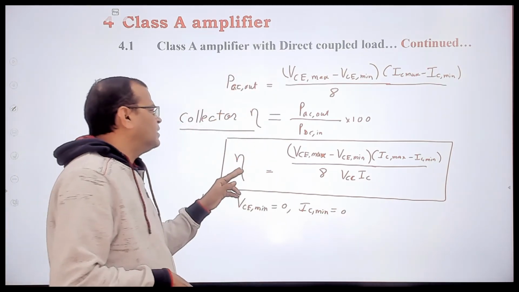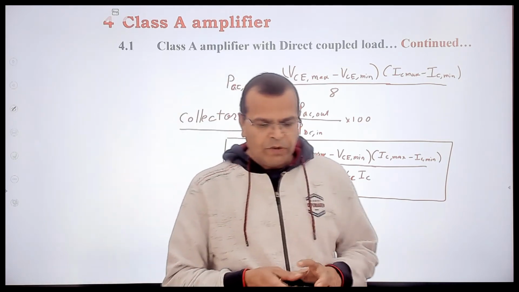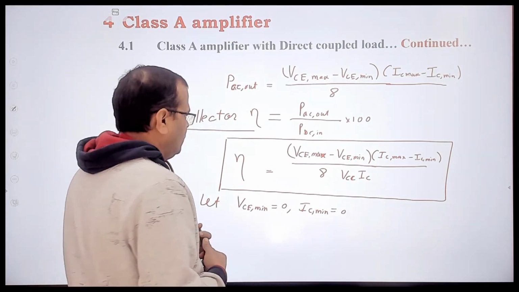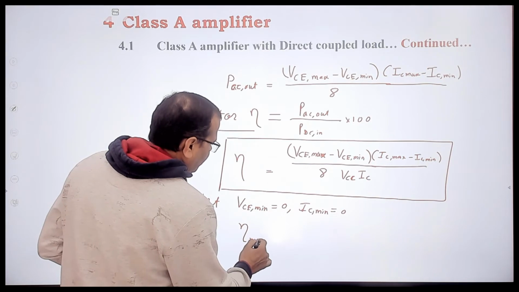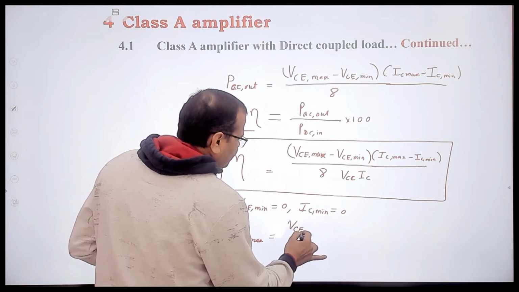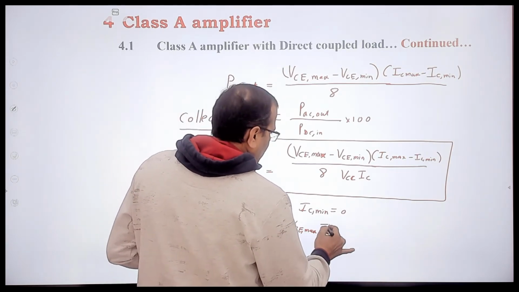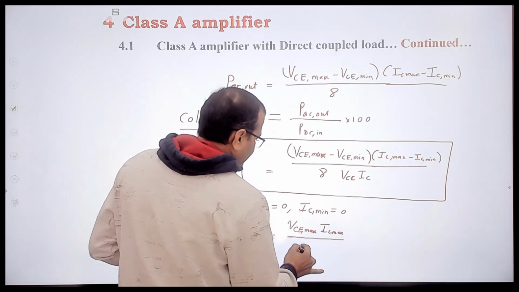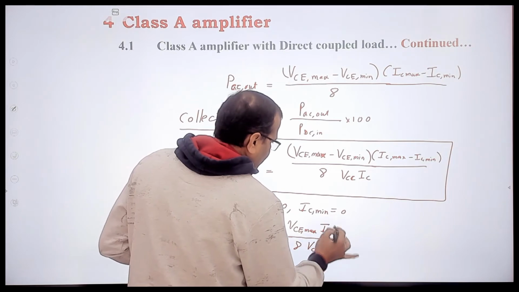In that case, your collector efficiency will of course be maximum. So I can write that it will be equal to V_CE max into I_C max divided by 8 V_CC into I_C.